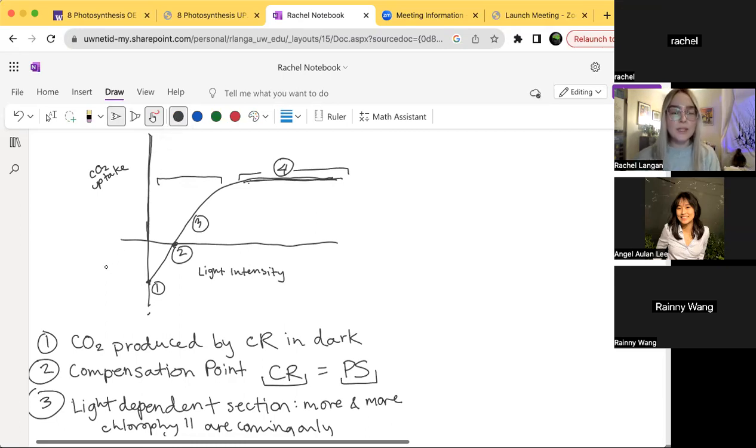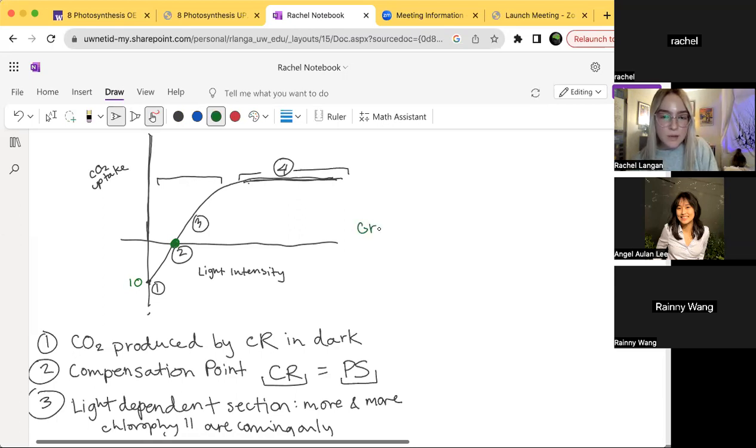It's helpful to imagine some numbers on this. Let's just say this number here is 10. I don't know what that means, but the amount of CO2 produced by cellular respiration is 10. Then at this compensation point, you should be able to tell me the gross photosynthesis and also the net photosynthesis.